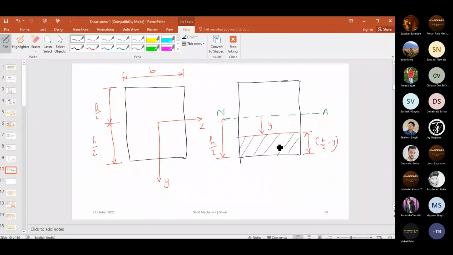then my CG is somewhere at the center. I think something is wrong.